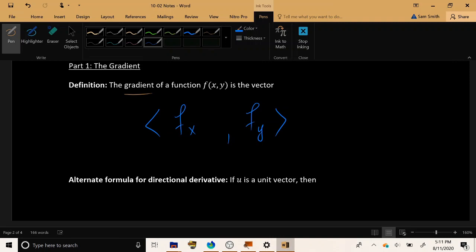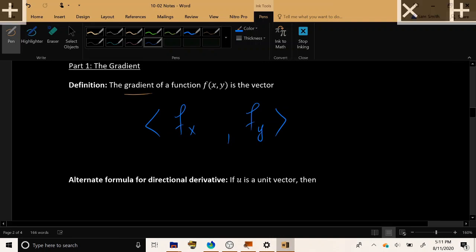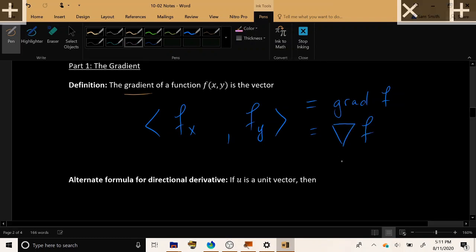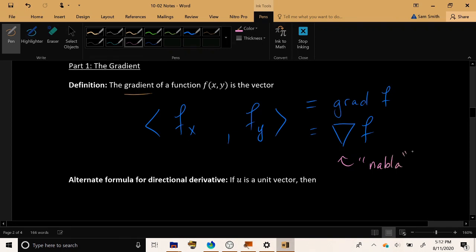Now, the gradient is traditionally represented in one of two ways. It's represented either by the letters grad next to the name of the function f, or sometimes you will also see this upside down triangle symbol, and this symbol is called nabla. So this is typically read as grad f.